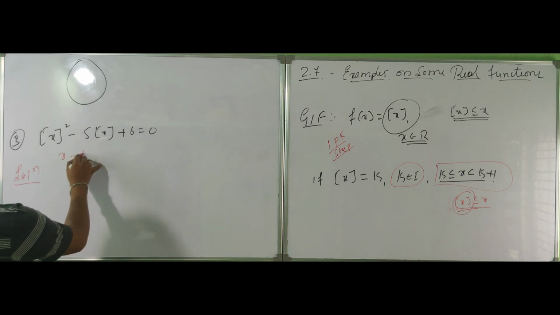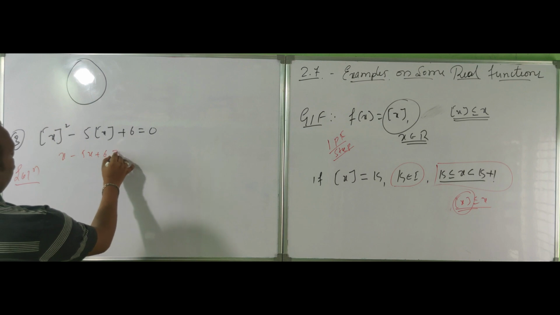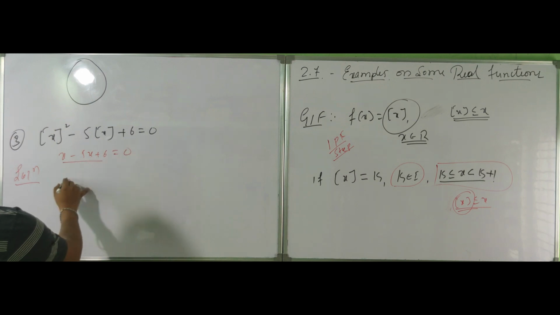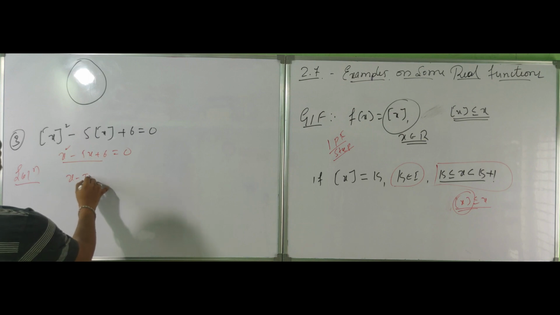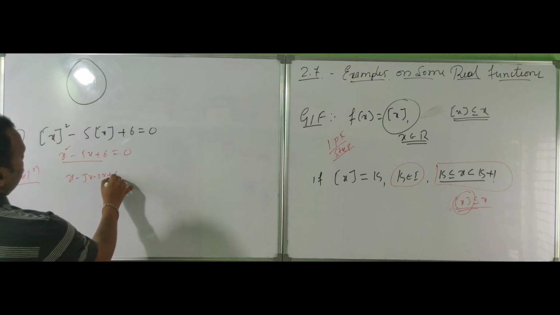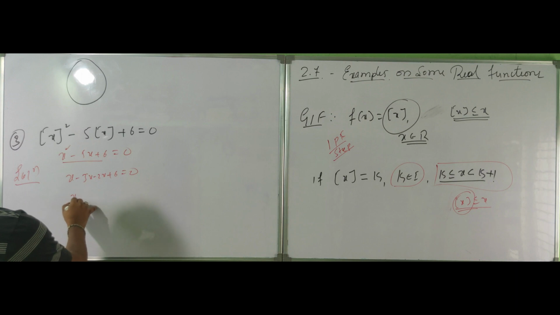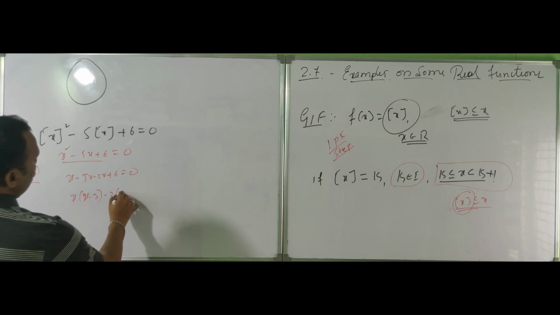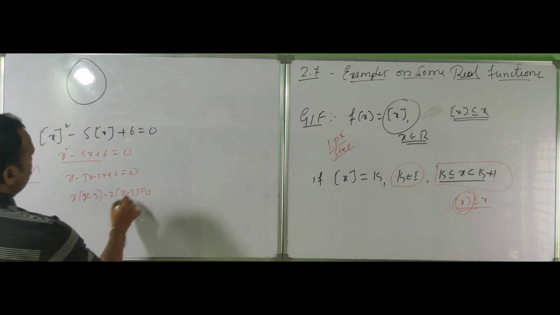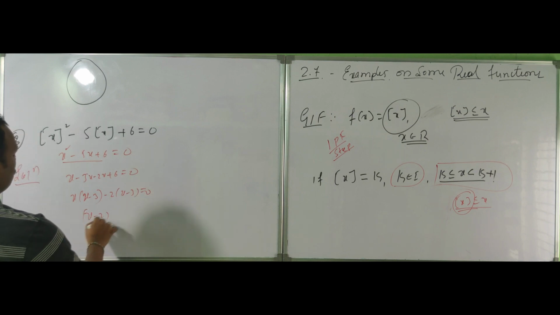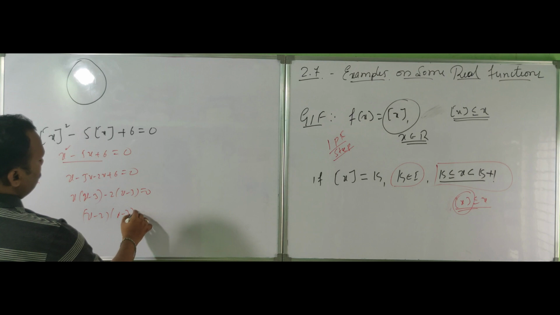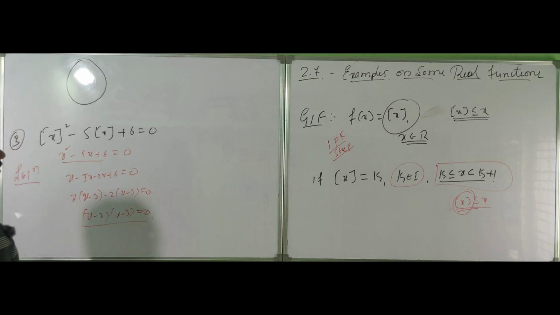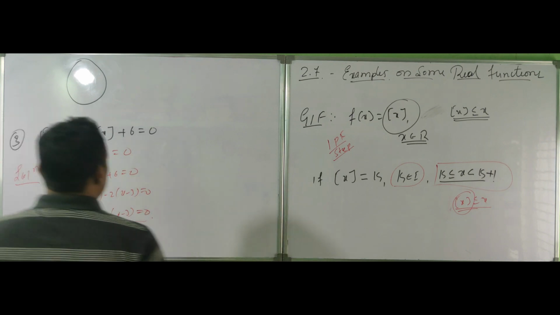x square minus 5x plus 6 is equal to 0, and this becomes x square minus 3x minus 2x plus 6 is equal to 0. x into x minus 3 minus 2 into x minus 3 is equal to 0, so x minus 2 and x minus 3 is equal to 0. Simply same like this one.